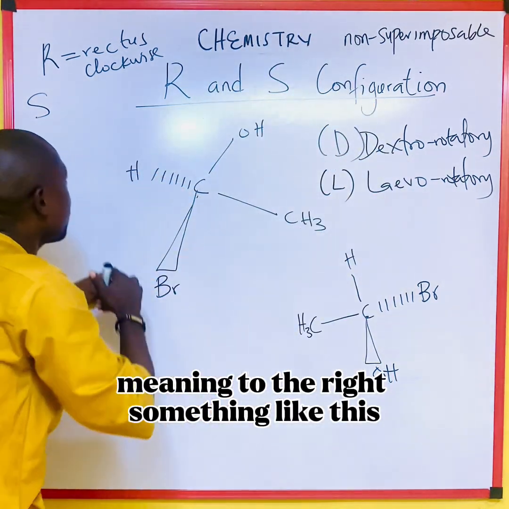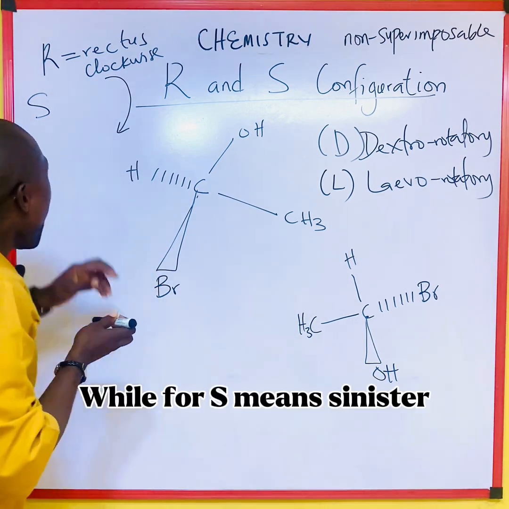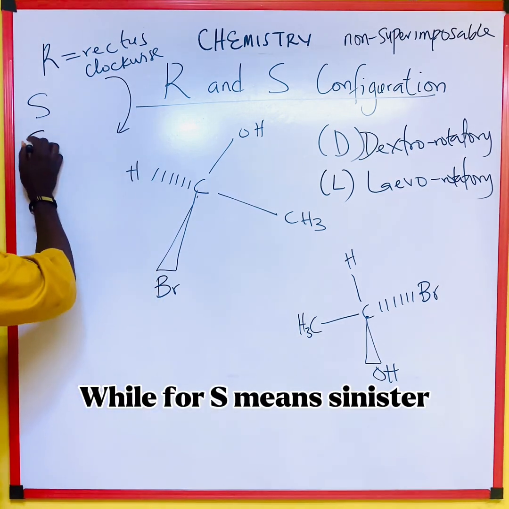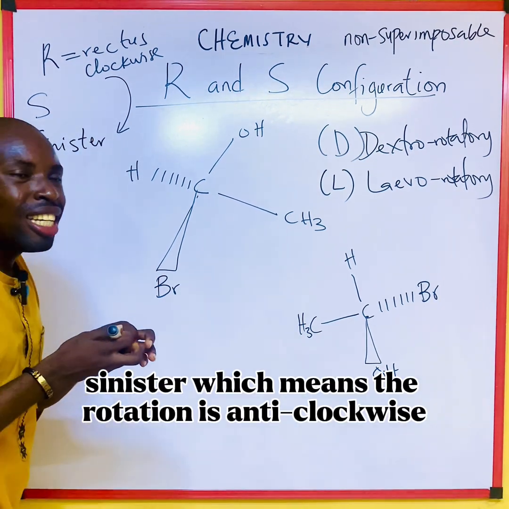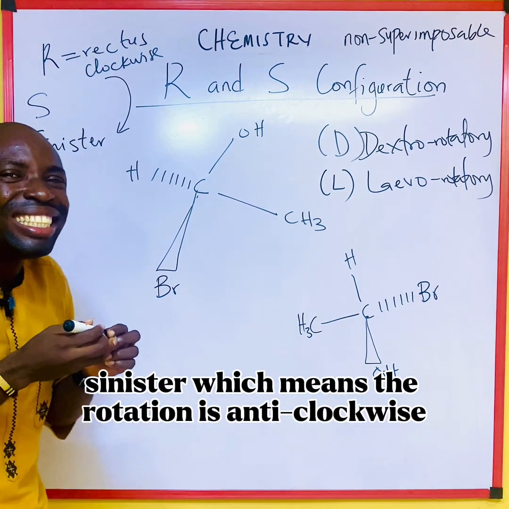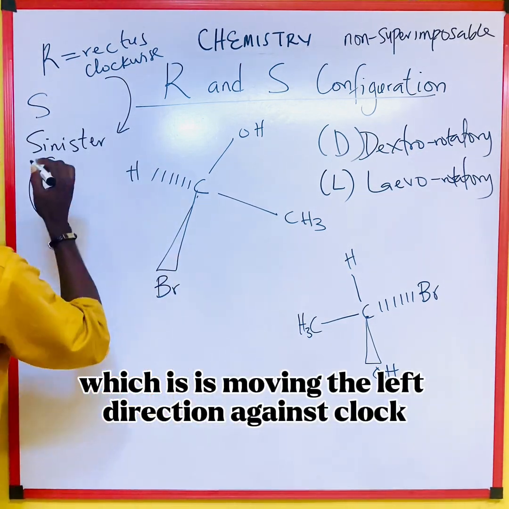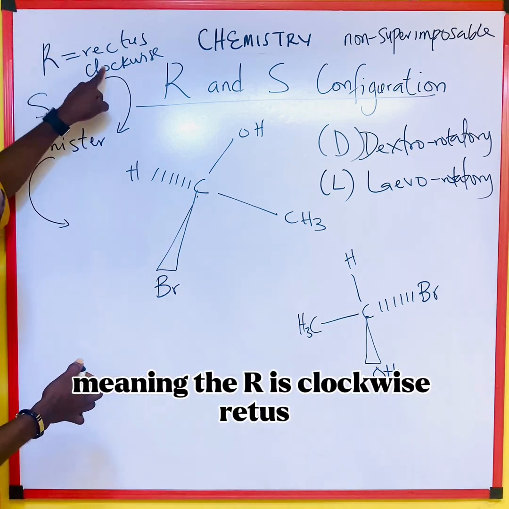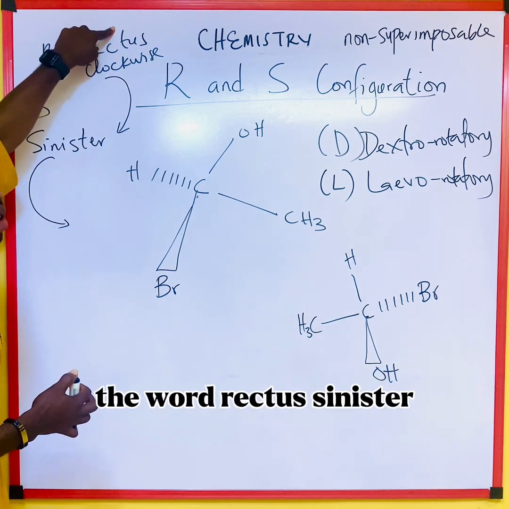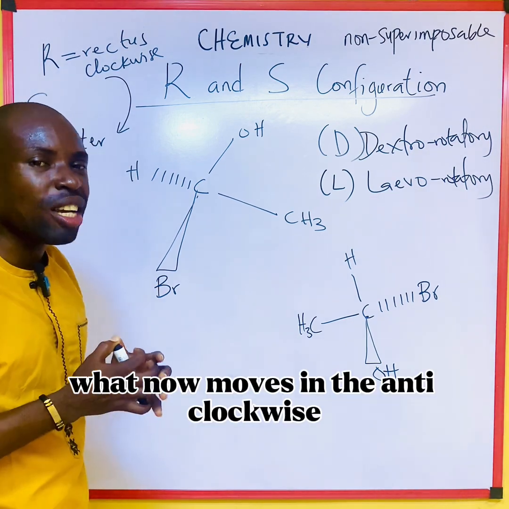While S means sinister, which means the rotation is anti-clockwise, moving in the left direction against the clock. So R is clockwise, rectus, and sinister moves in the anti-clockwise direction.